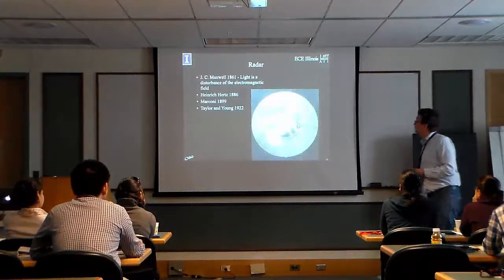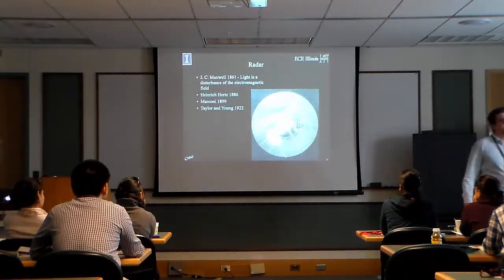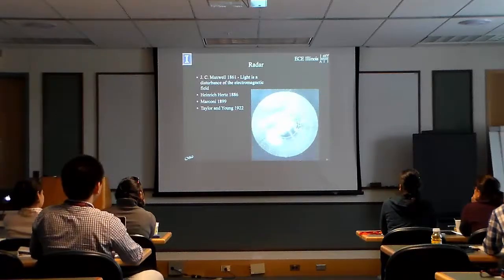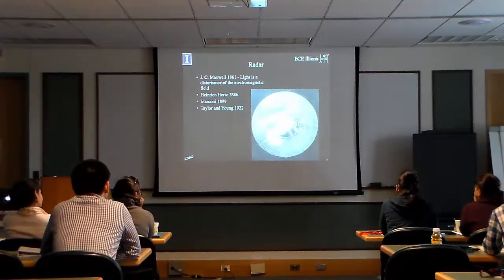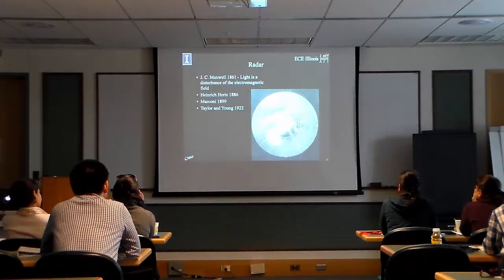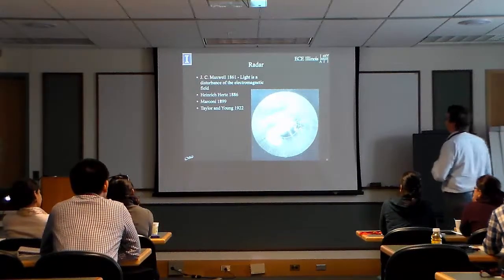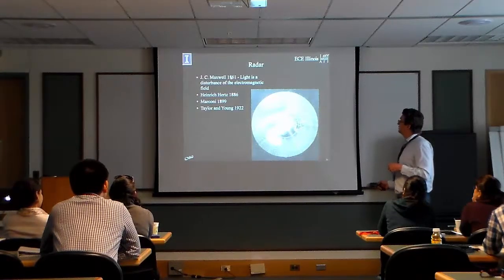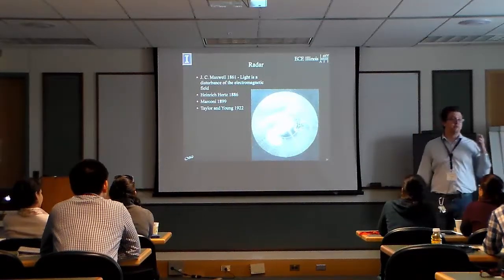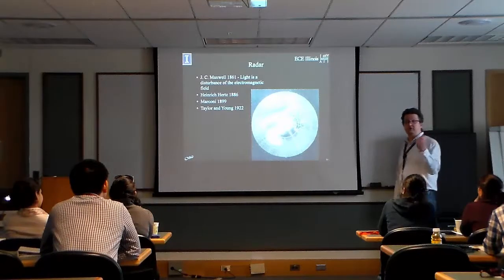All right. So just again to give you a little history and a little background, 1861, 153 years ago, Maxwell states light is a disturbance of the electromagnetic field. It takes Hertz just 5 years to go from that realization to actually building the first radar.